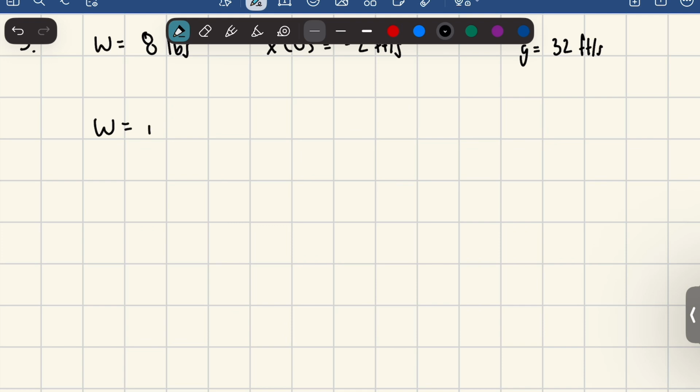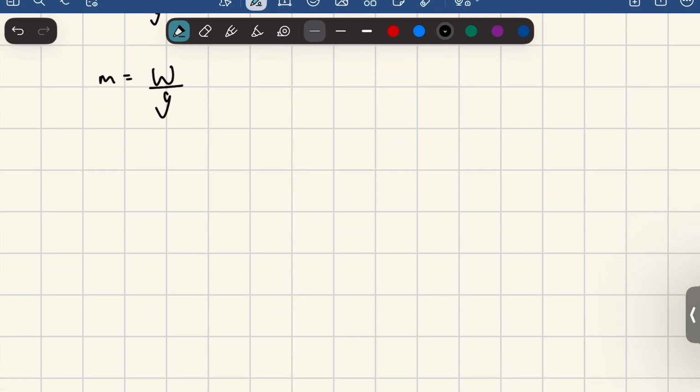W equals m g, so m equals w over g. We have w is 8 pounds and g is 32 feet per second squared. 8 divided by 32, isn't that like 1/4?